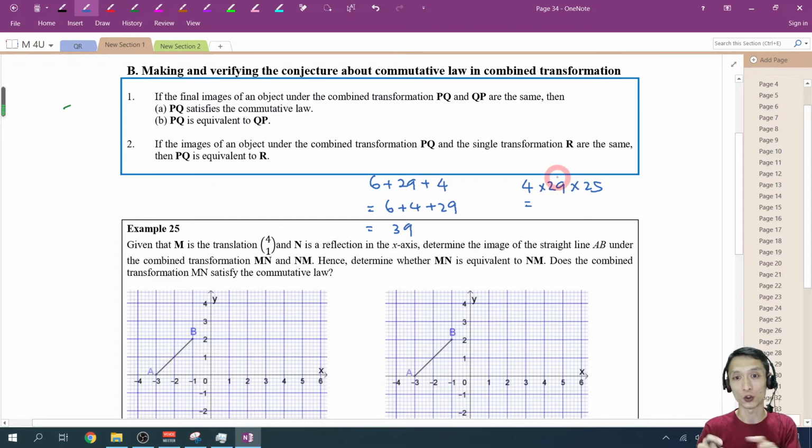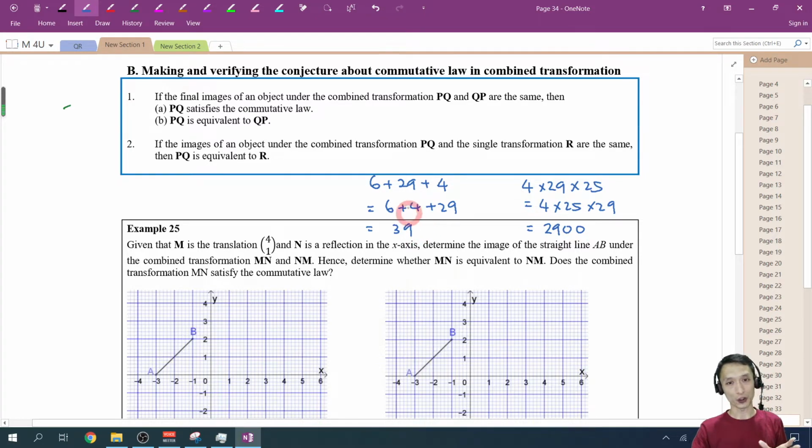So how about I rearrange all these terms first: 4 times 25 times 29. Why do I want to do so? Because 4 times 25 will give you 100. 100 times 29 will give you 2900. So these are a few examples of commutative law.